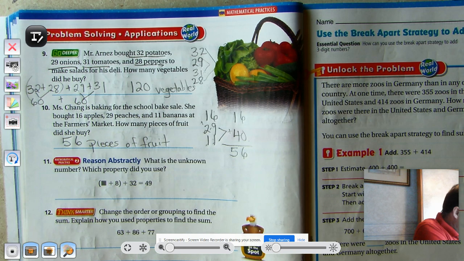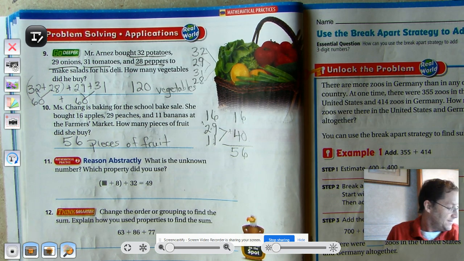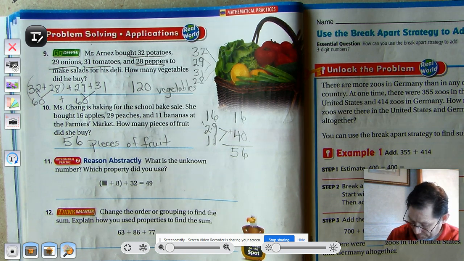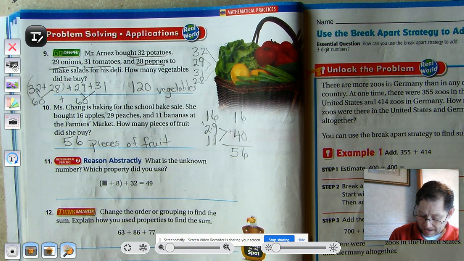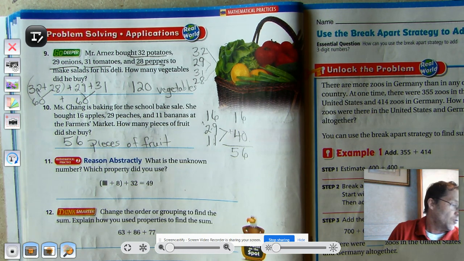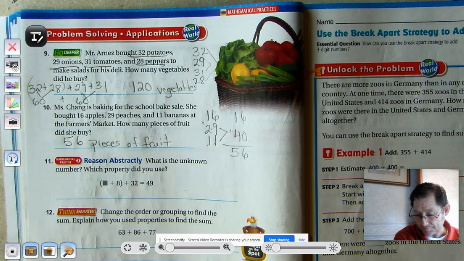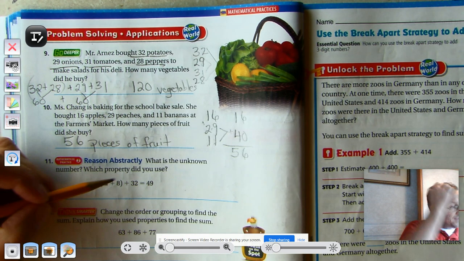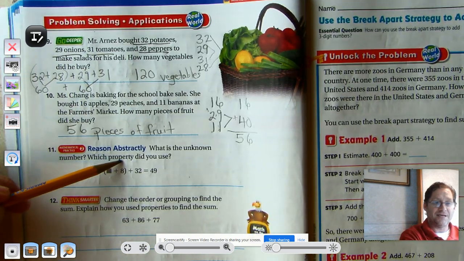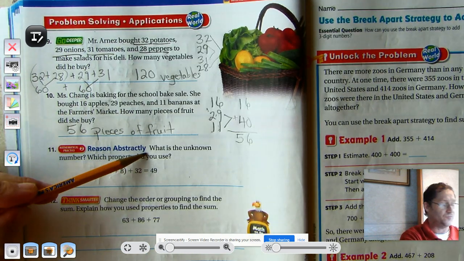All right, so now let's move on to number 11 on page 24. And you're going to apply which strategy or which property the person used or could use to find the missing number. And right now it's some number plus 8 plus 32.